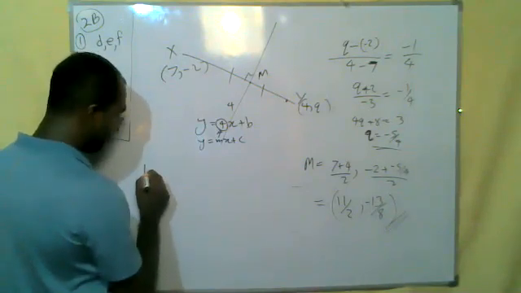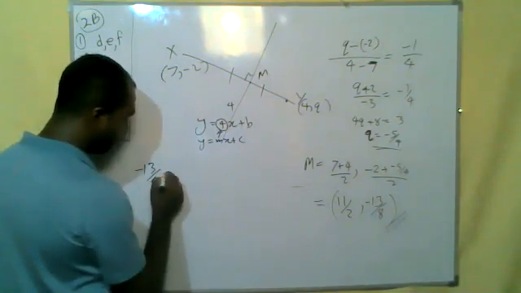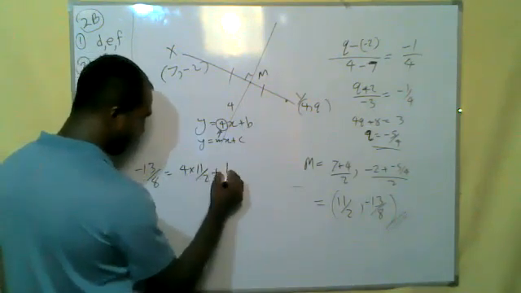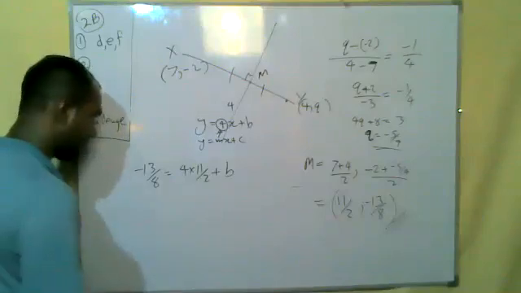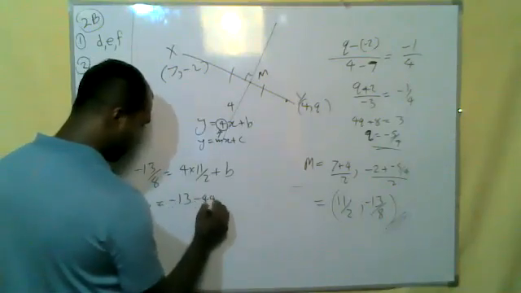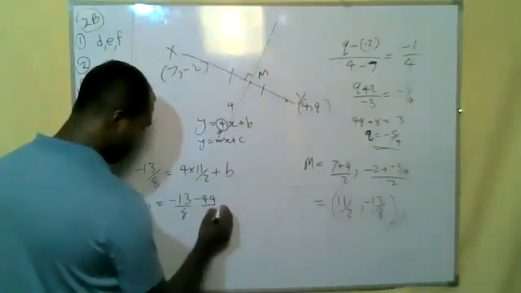So -13/8 should be equal to 4 times 11/2 plus b. So b equals -13/8 minus 44/2.